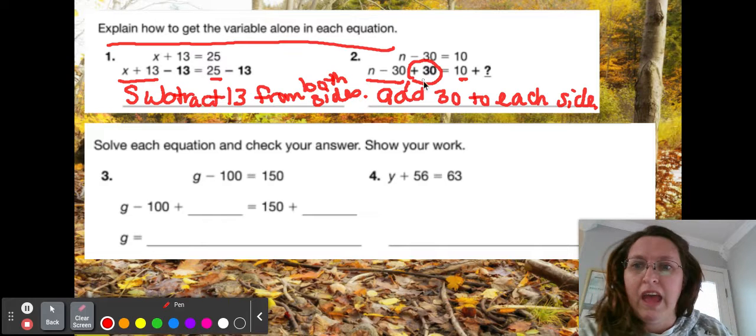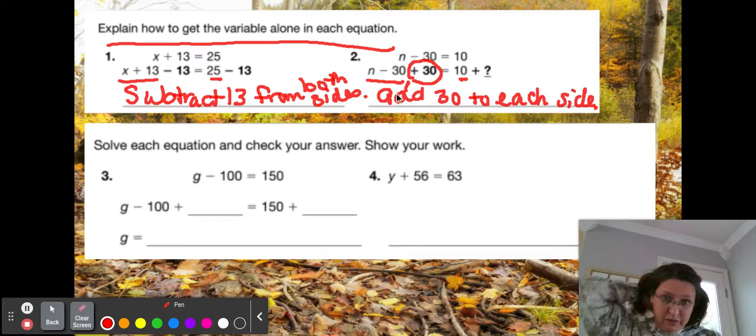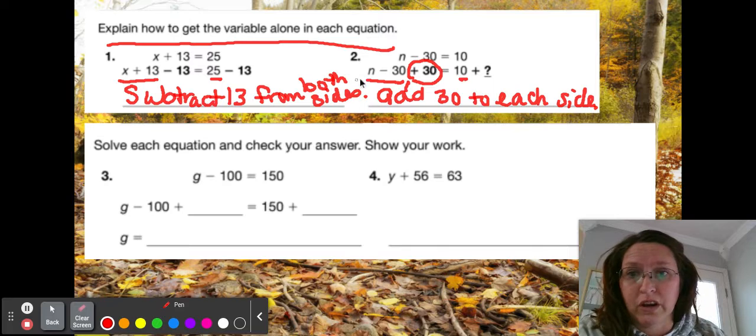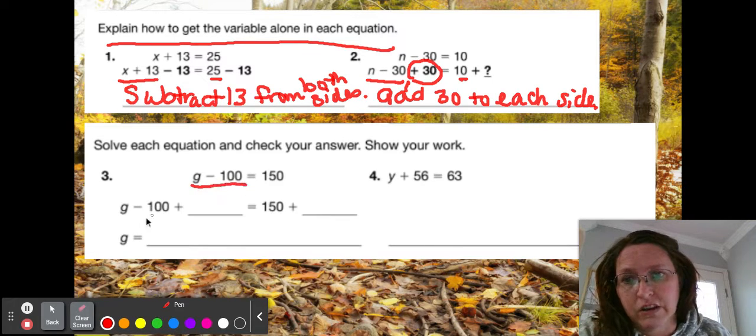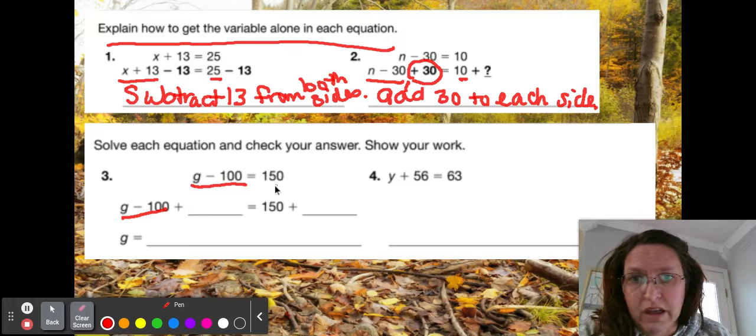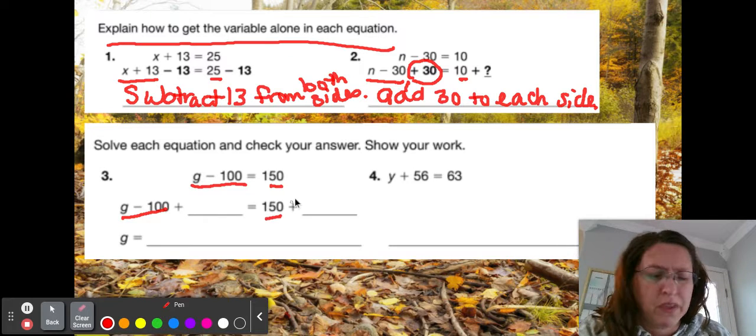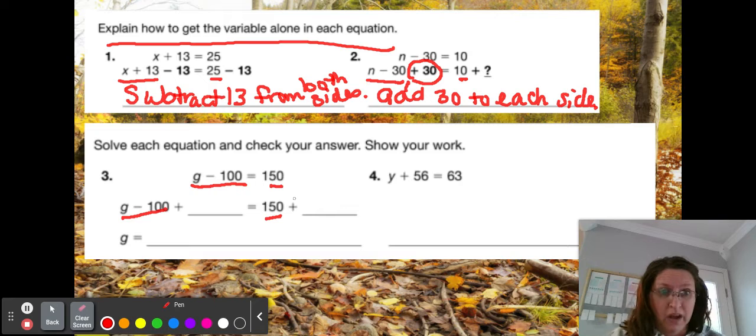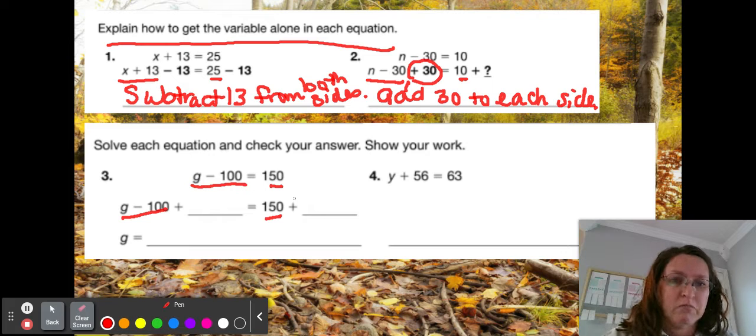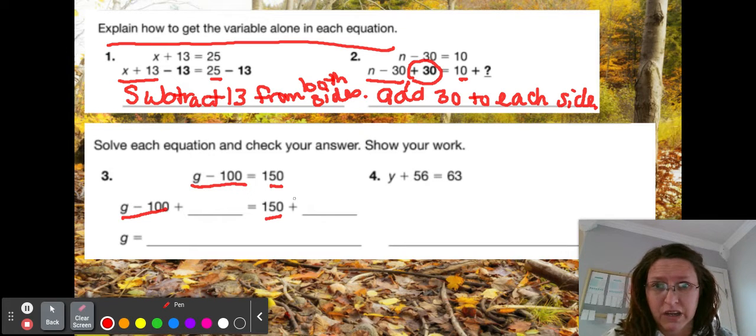Now, let's look at number 3. It says solve each equation and check your answer. Show your work. So number 3, they started doing it for you. They've got the g minus 100, which is right here, and they've got 150 right here. So the questions I always ask are: one, what is my variable? Well, my variable is g. What are they doing to the variable? They're subtracting 100.